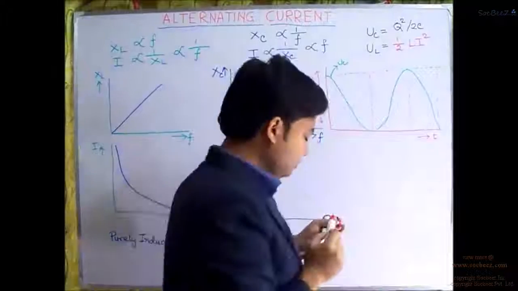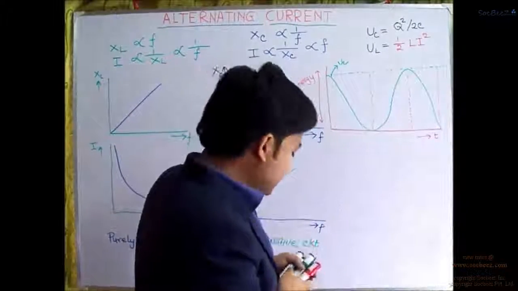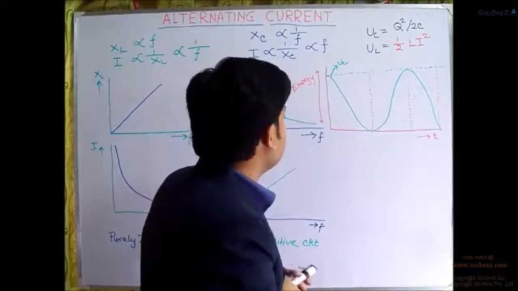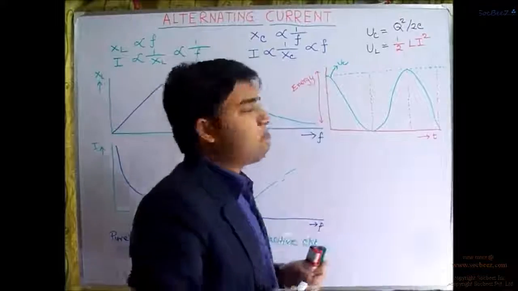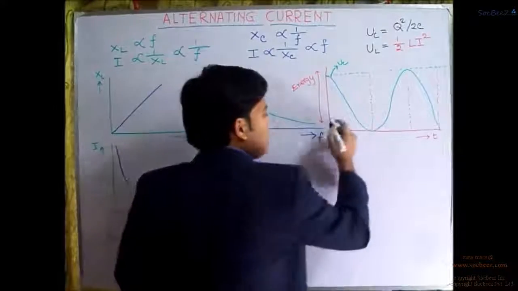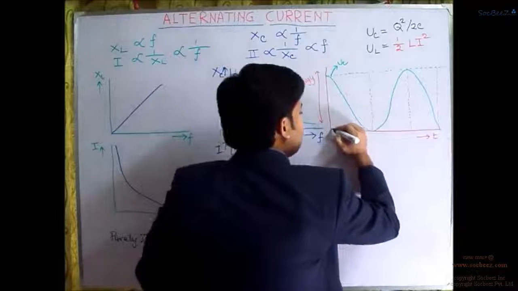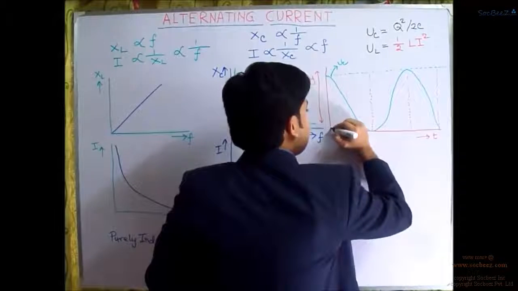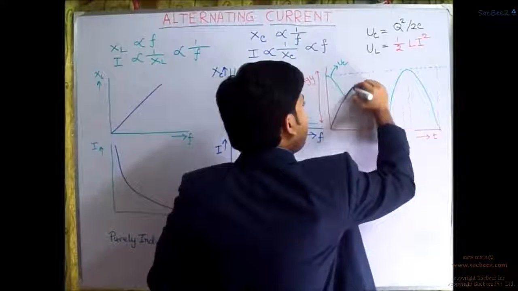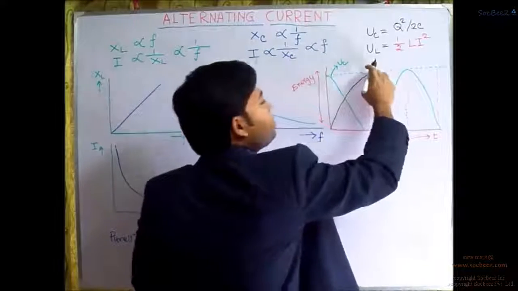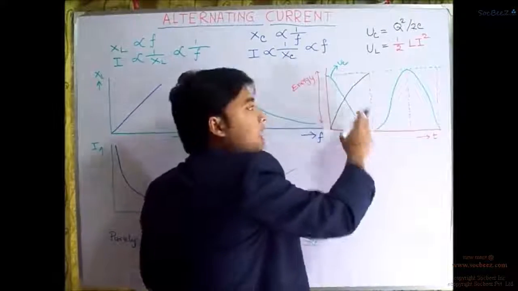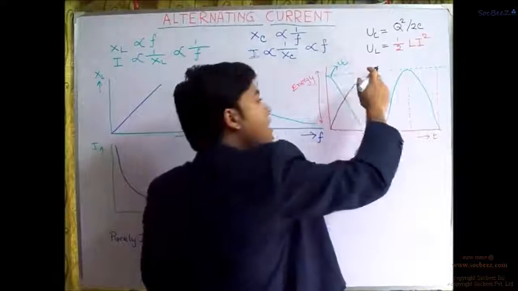We see that when the UC was maximum, UL is 0, then it rises, and over here when UC becomes 0, then UL will be the maximum.